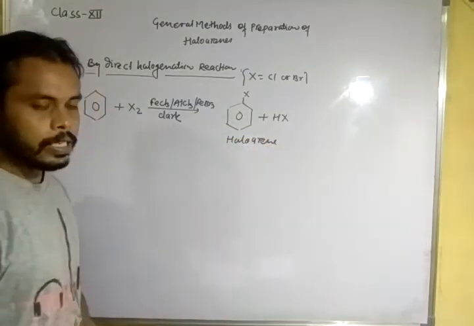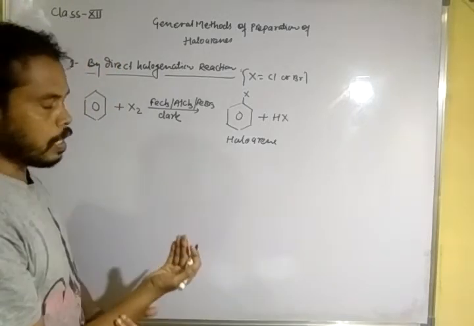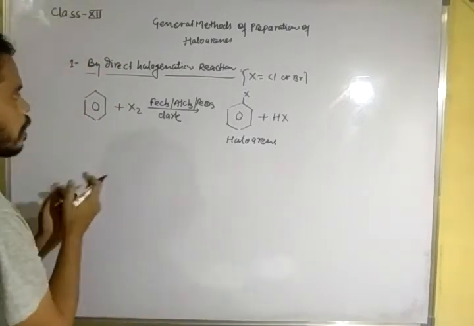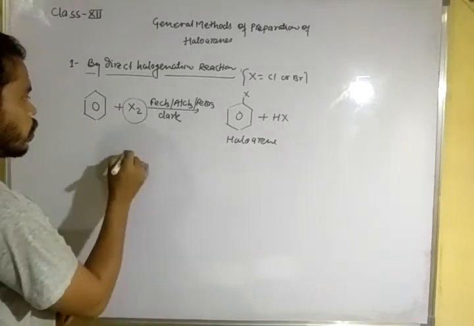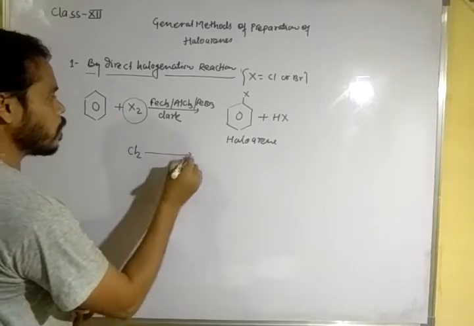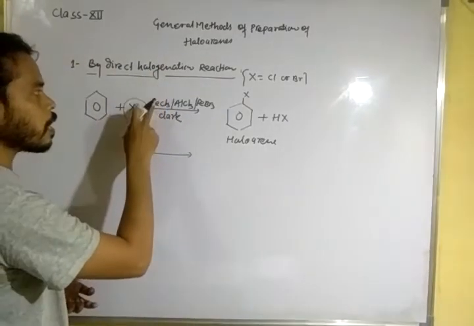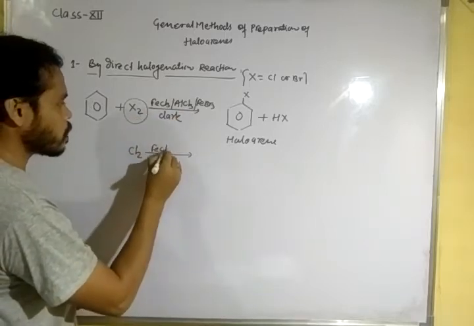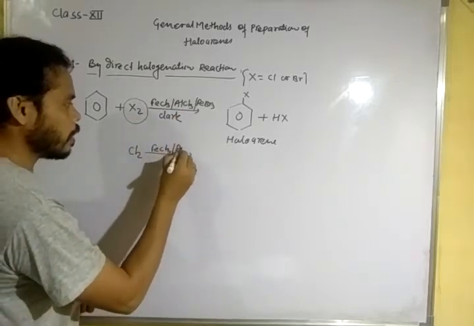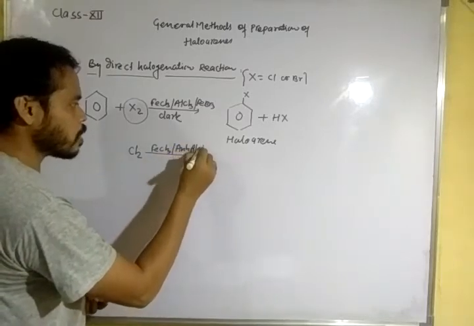We have already told you to always focus on the skeleton. What information does the skeleton give us? Here you can use chlorine. If you use chlorine, you can take the carrier as FeCl3 or anhydrous AlCl3.